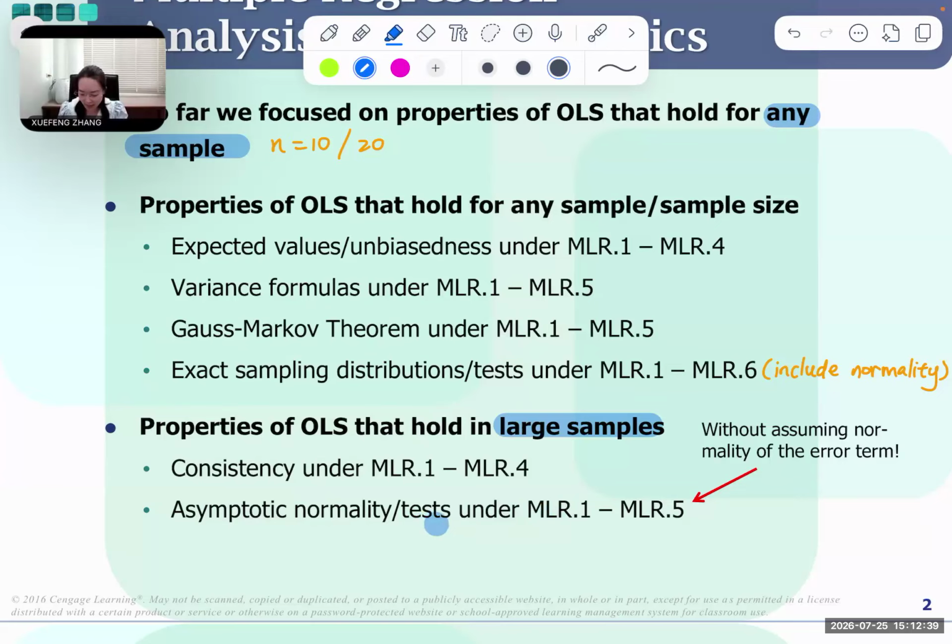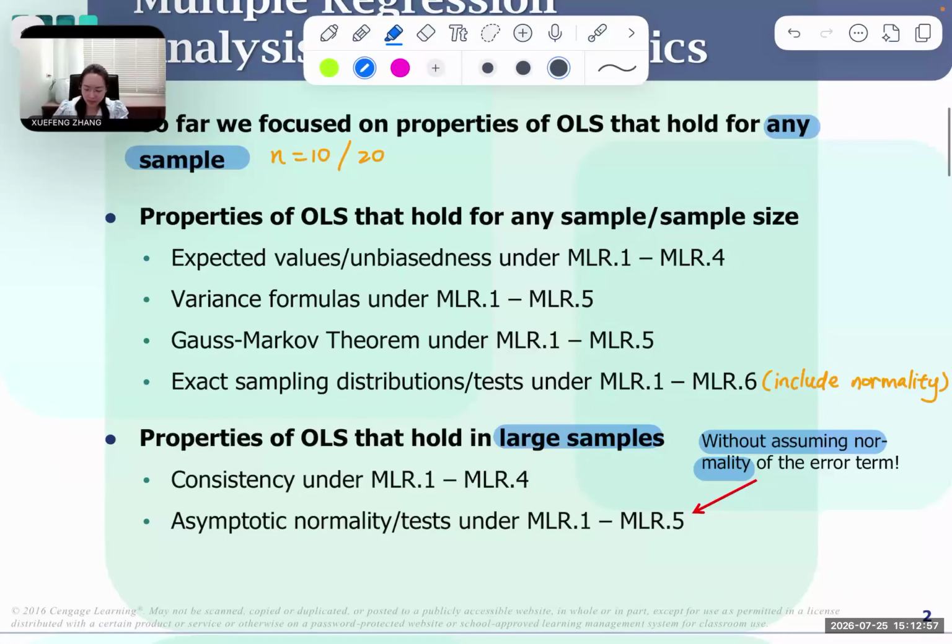Tests under MLR 1 through 5, still no normality needed. This is the whole point of this chapter.